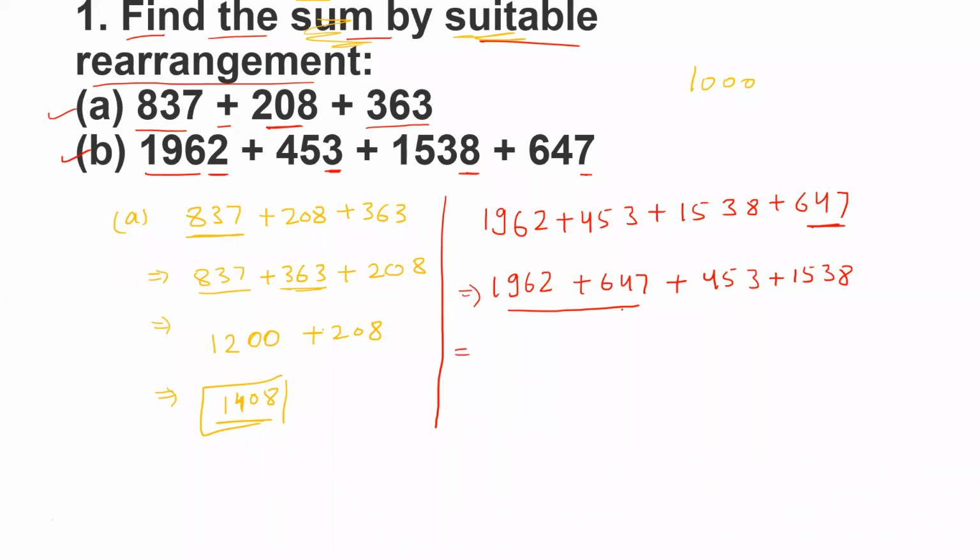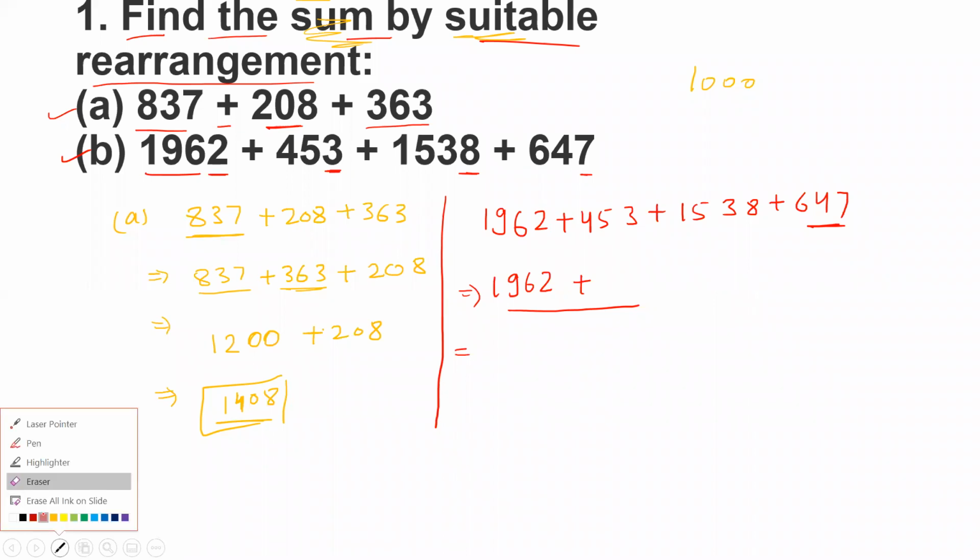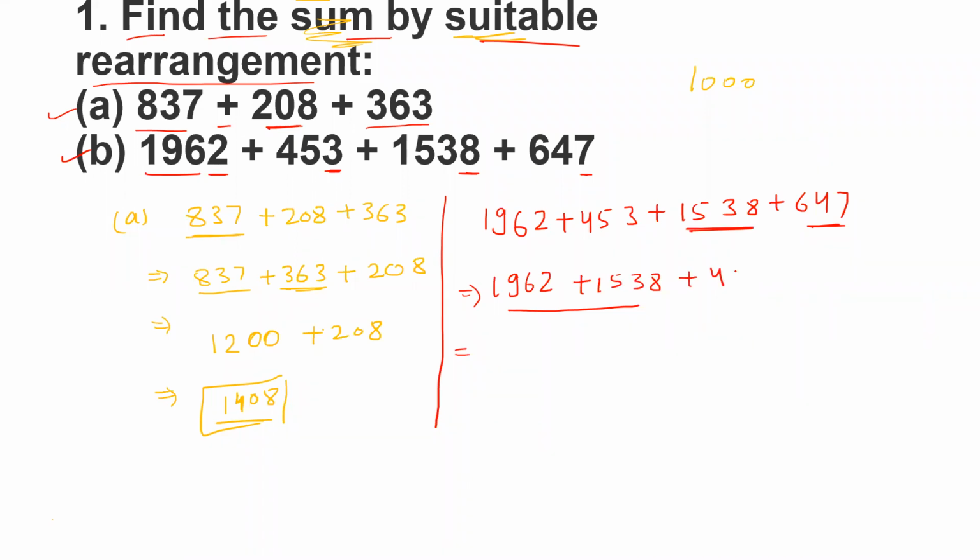Okay, I have done a mistake here. What I have to do is, I should write these numbers with each other. Okay, so I'm going to write 1962 with this. So 1538 plus 453 plus 647.